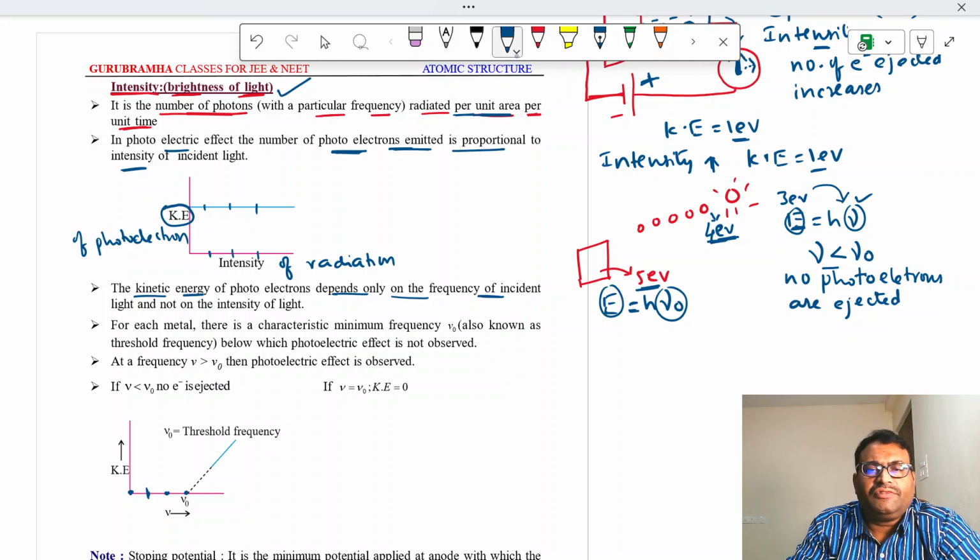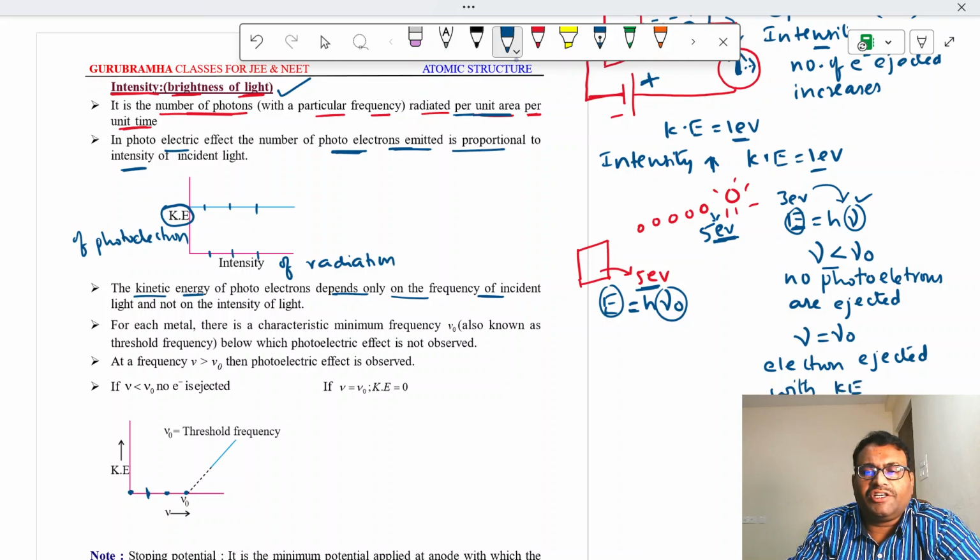Okay. Again, let us increase it up to 5 electron volt. Now this is the condition where nu is equal to nu naught. So that electron is ejected with kinetic energy equal to 0.